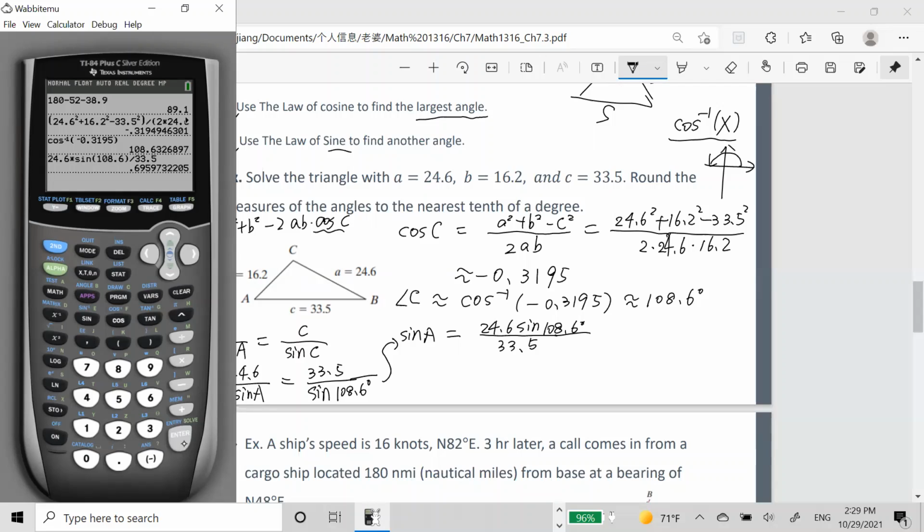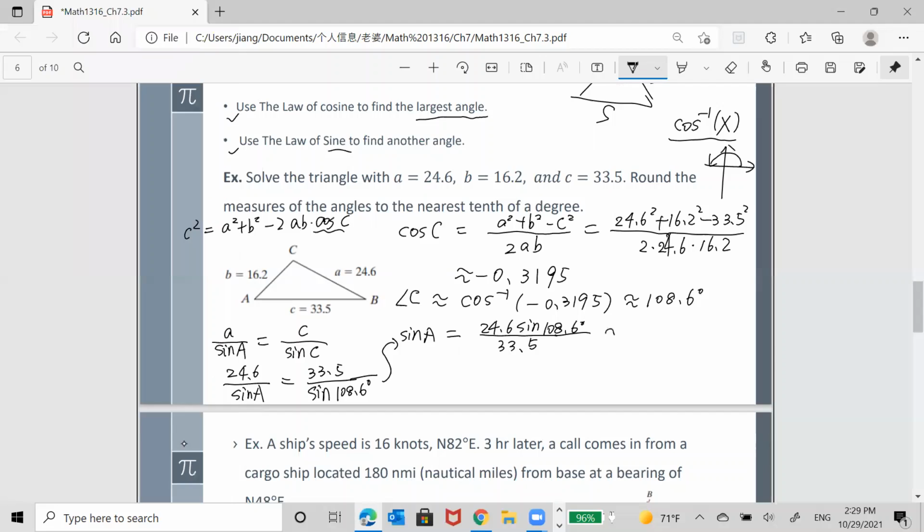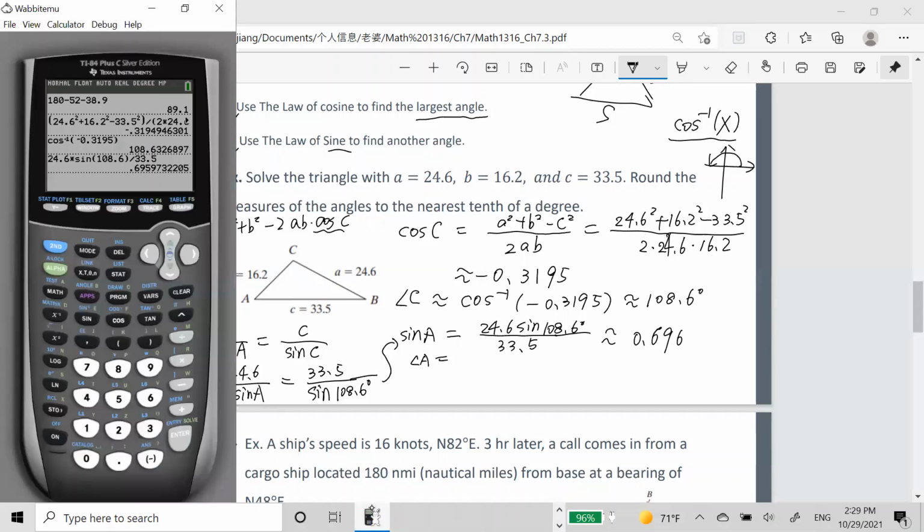That's about 0.696. Then angle A equals the inverse of sine.